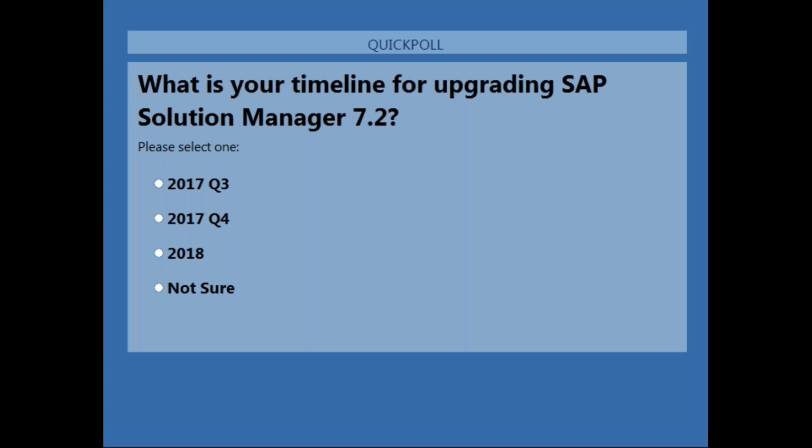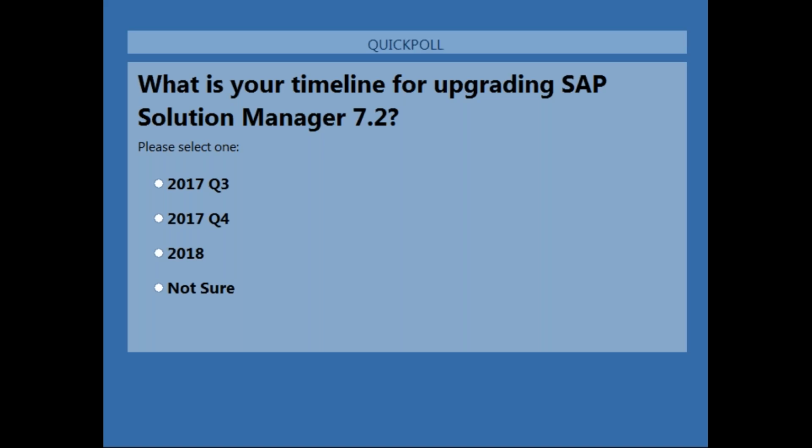So I'd just like to understand what your timeline is for updating. We'll give you about 30 seconds to go ahead and respond. Okay, go ahead and close the poll now.